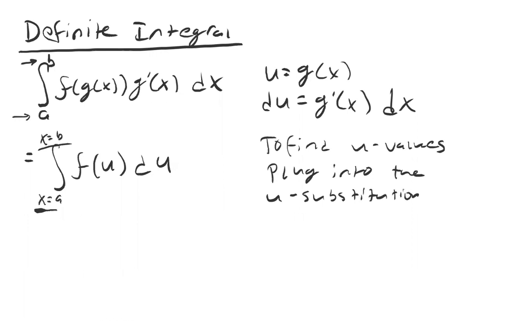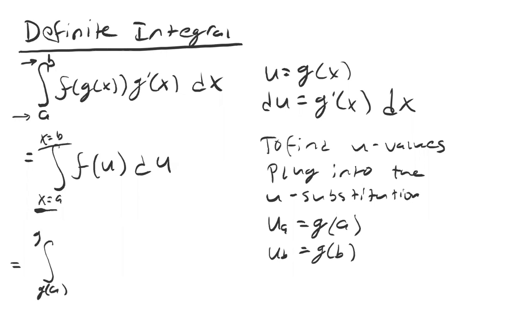So what I mean by that is, let's call it u sub a. That's going to be g of a, and u sub b is going to be equal to g of b. And what this integral now looks like, and again, if this is not making any sense, I'm going to go over a bunch of examples, it's fine. This is the integral from g of a to g of b, f of u du.